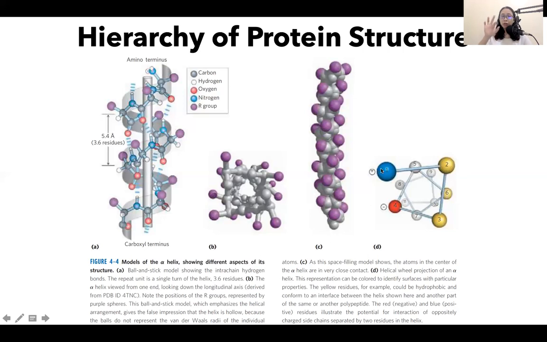In most alpha helices, it is observed that the residues that make up the beginning and end of one turn, most of the time, are charged residues. In fact, they are oppositely charged. So, for example, if you have this sphere labeled 1, again, it is known that we need 3.6 residues to complete one turn.